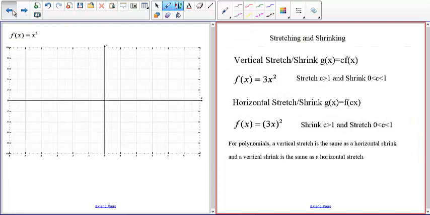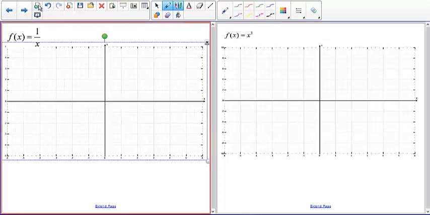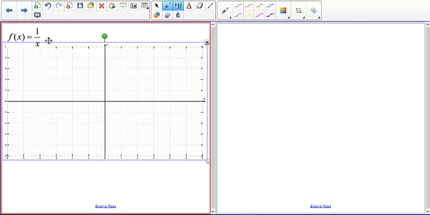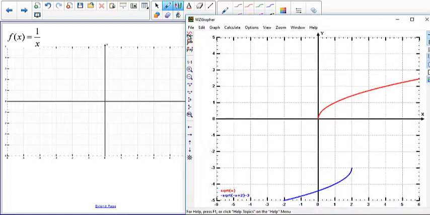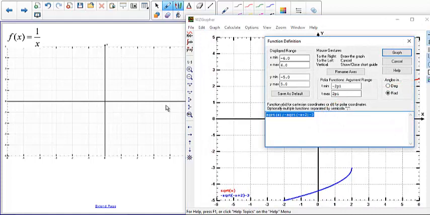Let's just look at a couple examples here. So this is the parent function. That's the reciprocal function. So if I did negative 1 over, oh, actually I've got to draw the reciprocal function. So let me just plot it and then I'll grab it. So I'm going to go back here. I'm going to write in just 1 over x, which is my parent function.